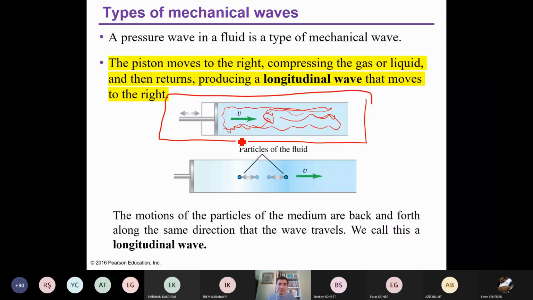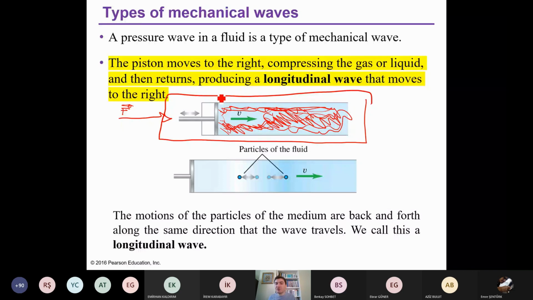So when you move the piston to the right, you will compress the liquid within this volume, okay? So you can have liquid or gas within this volume, and by applying a force by using this piston, you will compress this liquid or gas. Then you will produce a longitudinal wave, which also moves to the right.